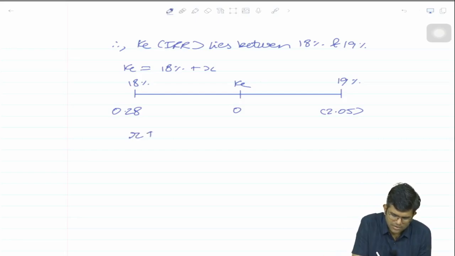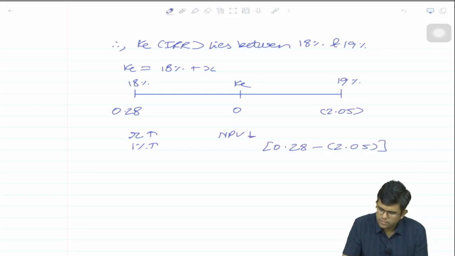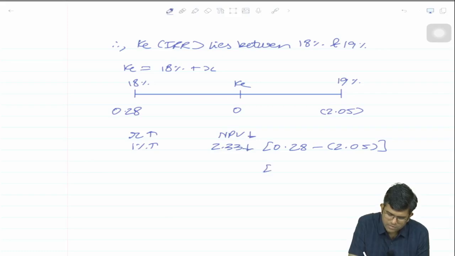So when I increase the rate by 1%, NPV drops from 0.28 to negative 2.05. That is, it drops by 2.33, but I want it to drop from 0.28 to 0.